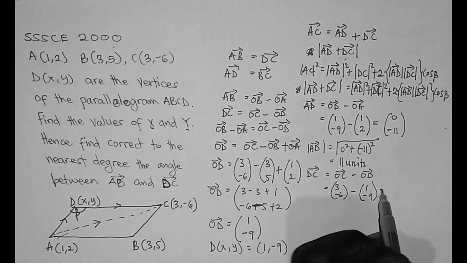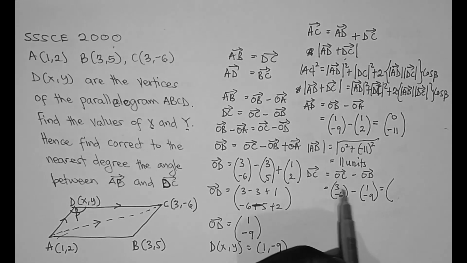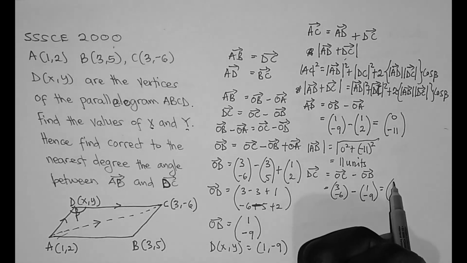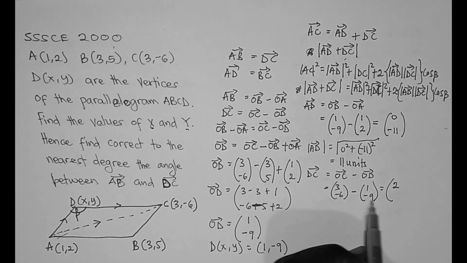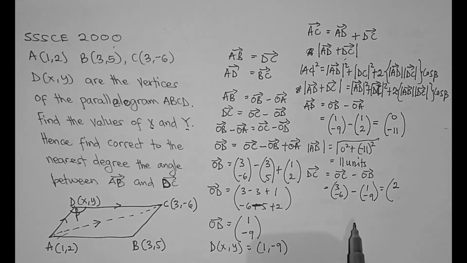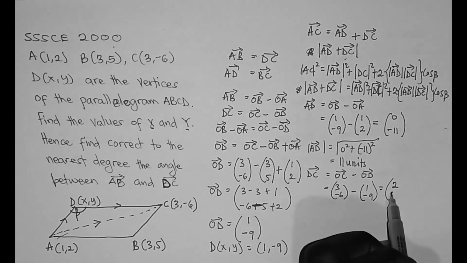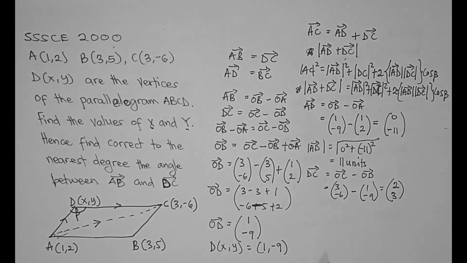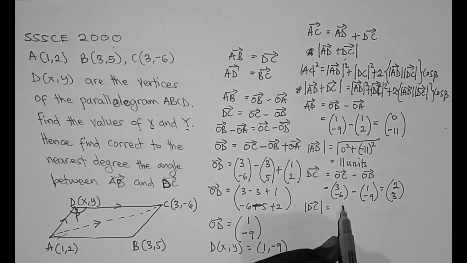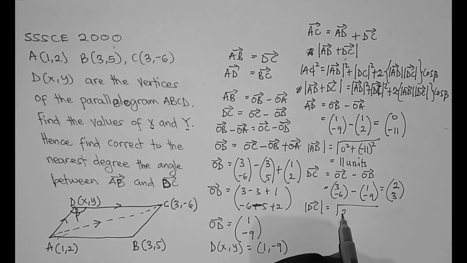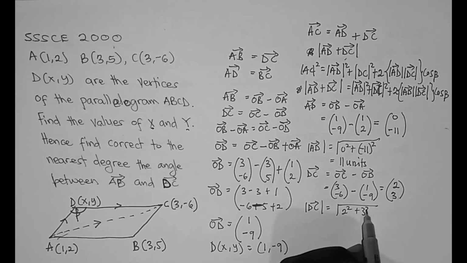And this is equal to 3 minus 1 is 2. And then minus 6 minus 9 is the same as minus 6 plus 9, which is 3. So vector DC is 2 and 3. So let's find magnitude of DC, vector DC. That is equal to square root of 2 squared plus 3 squared.